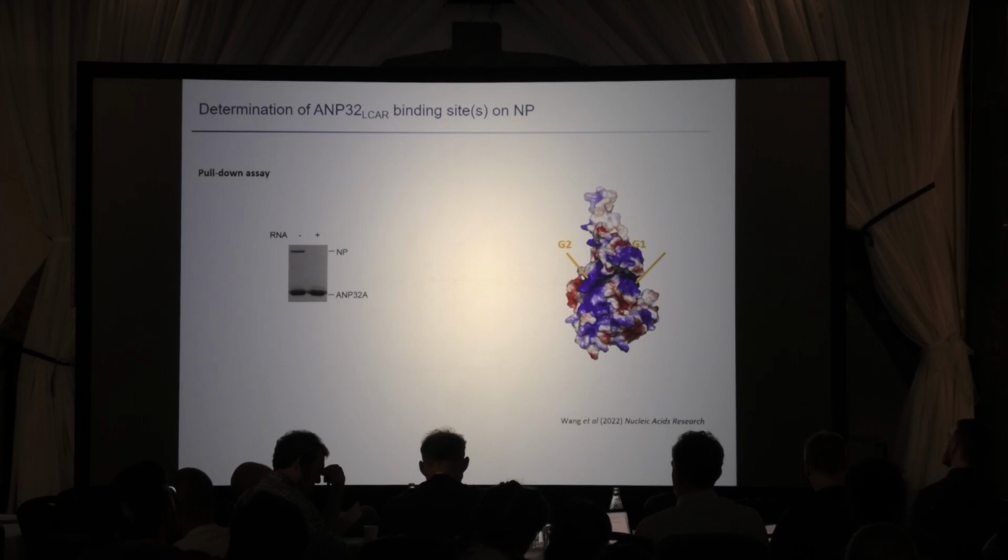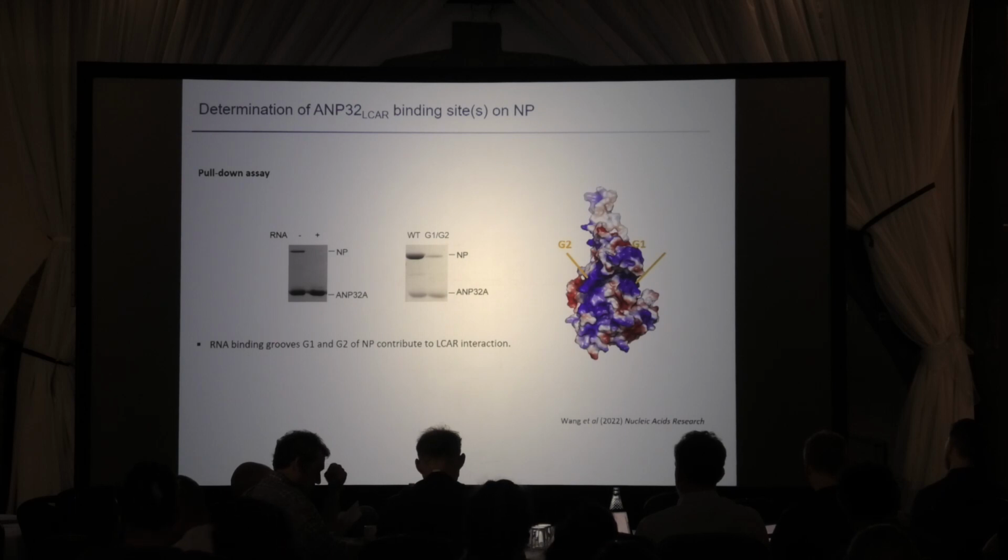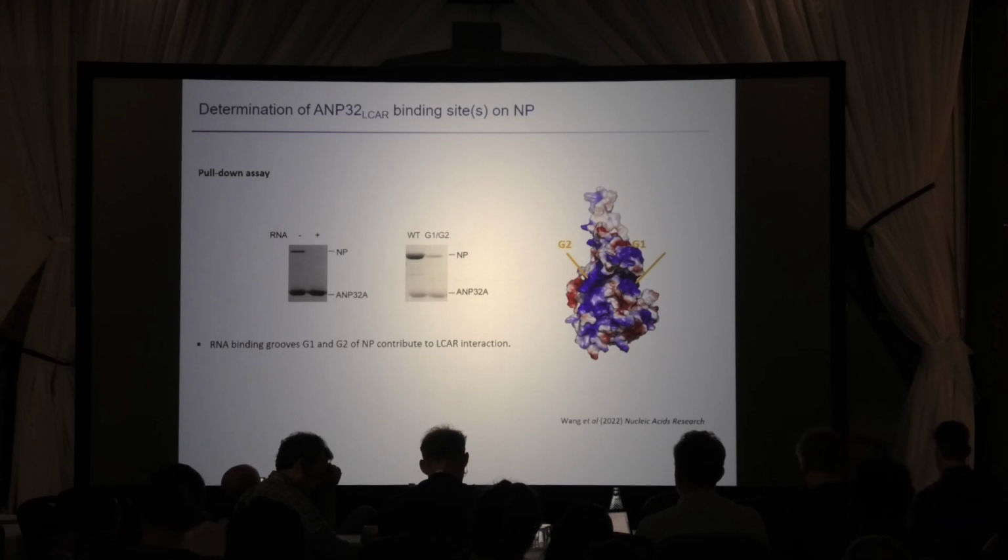But when we add in RNA, we lose this interaction. When we use our mutant NP, which can't bind RNA, we also see that we strongly lose this direct interaction to the nuclear protein.